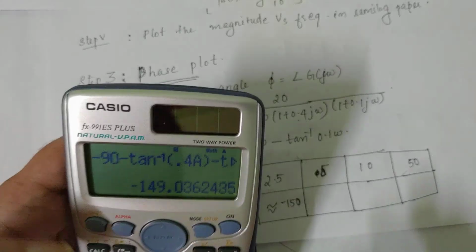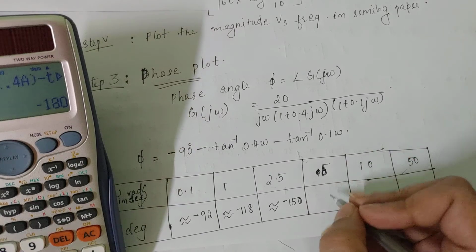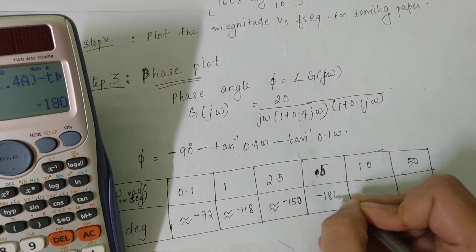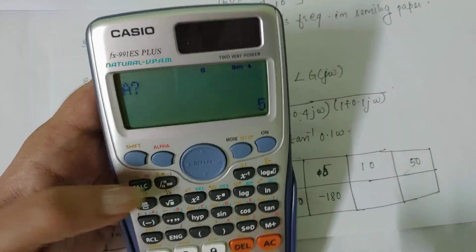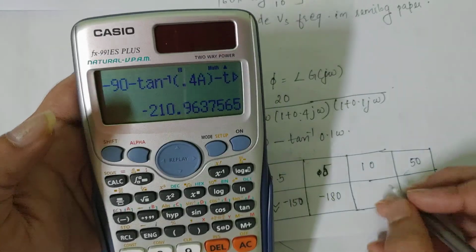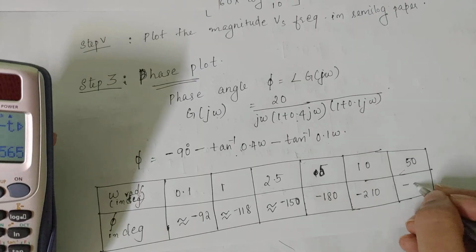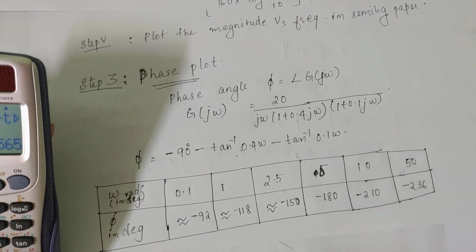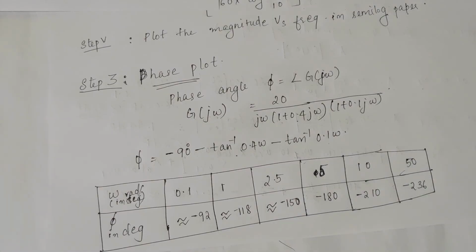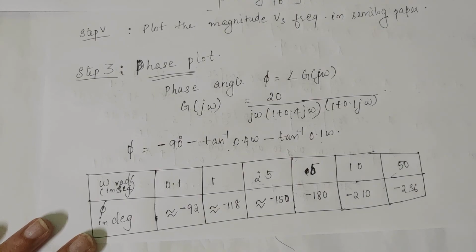Again calculation, 5, I am getting it as minus 180. 10, I will get minus 210, and for 50 I will get minus 236. Okay, so every time you don't need to write the equation, just write it once and calculate for each value, in the same way as I have shown.